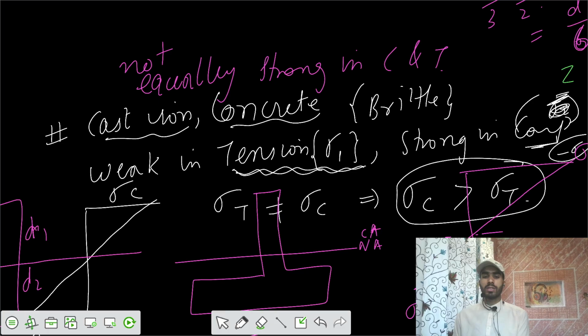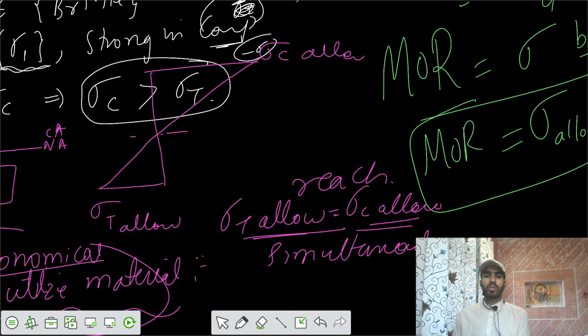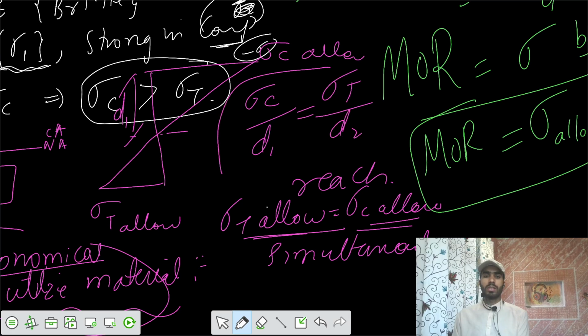So how should I design? By the linear variation, sigma C for the depth D1 should equal sigma T for the depth D2. This is the design approach.